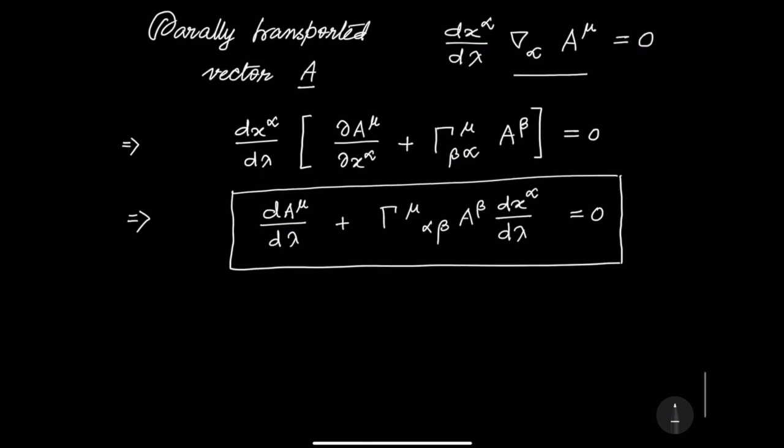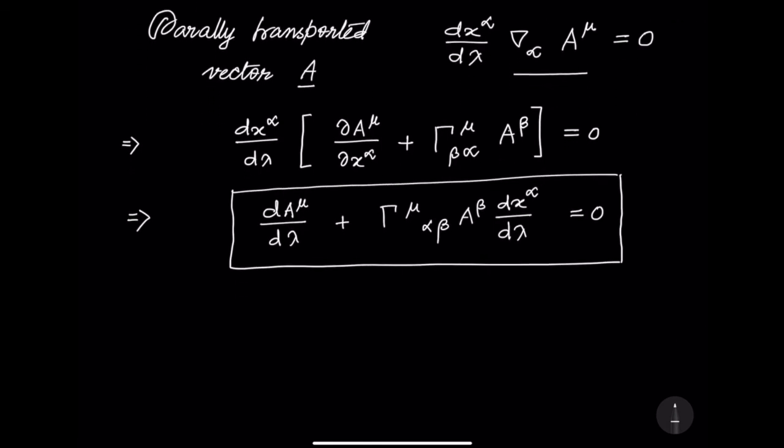Now, you see, in the case of Minkowski space, or even if you come down to 3D Euclidean space, where all these gammas are 0, parallel transport essentially means that as you change the parameter, the components of the vector don't change, because d a mu d lambda equals 0. But once you come to the more complicated general manifold, you have to carry over that term with a Christoffel symbol, which we also call the affine connection.